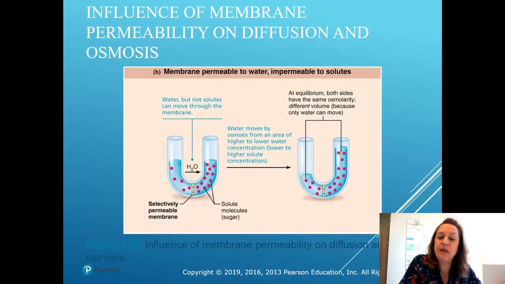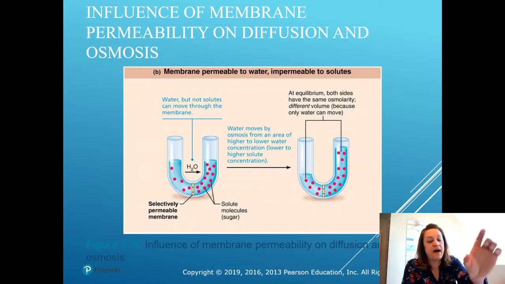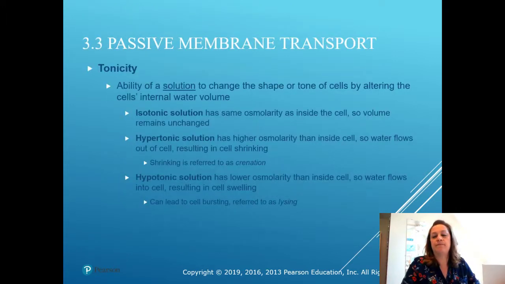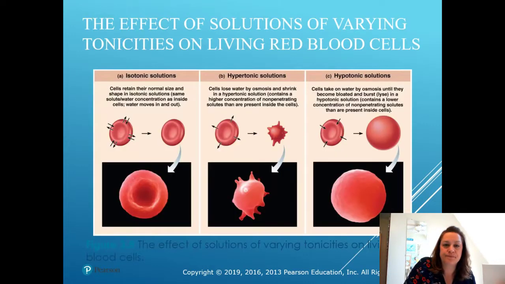So if I'm looking at this picture, the one on the left, I would say that the left-hand side with the 5 red dots is hypotonic to the right-hand side, which had more red dots. The reverse would end up being true. The right-hand side is hypertonic to the left-hand side, more red dots. When we get to the right-hand side of the screen, that second U-tube at equilibrium, that's isotonic, the same number of water and sugar on both sides. Just some terminology, right, that you want to be familiar with as we move forward.